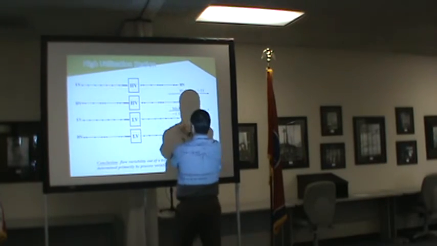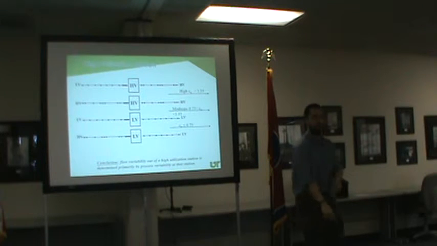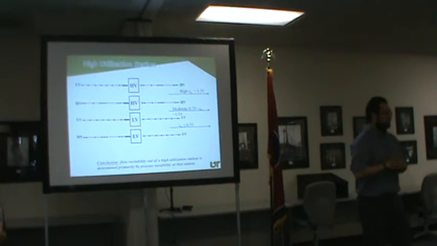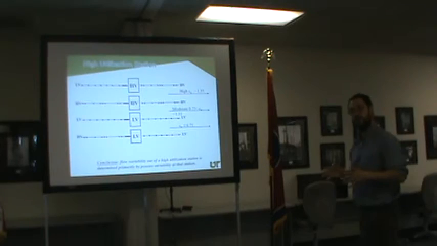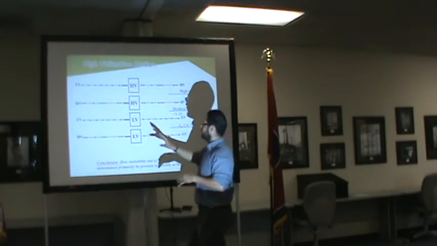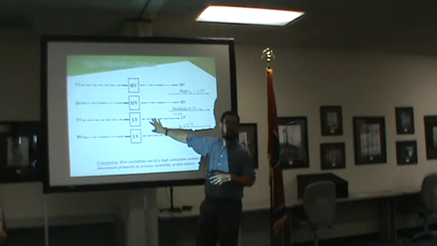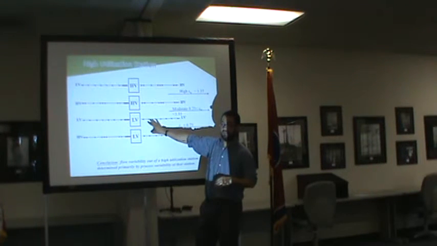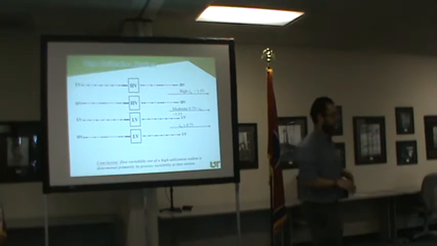What happens to departures? Low variation. So if we want to reduce variation in a process that is a bottleneck, where should we focus? Should we focus on the queue, or should we focus on the process? In the process. Is that okay?